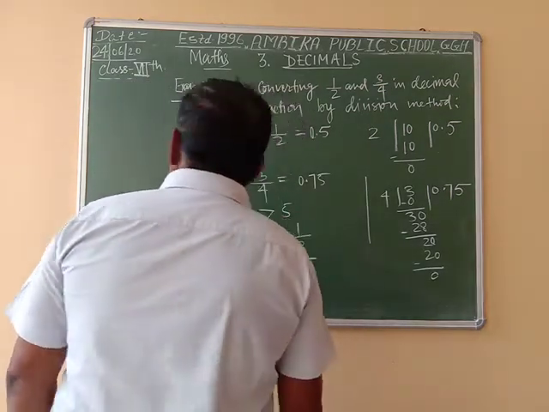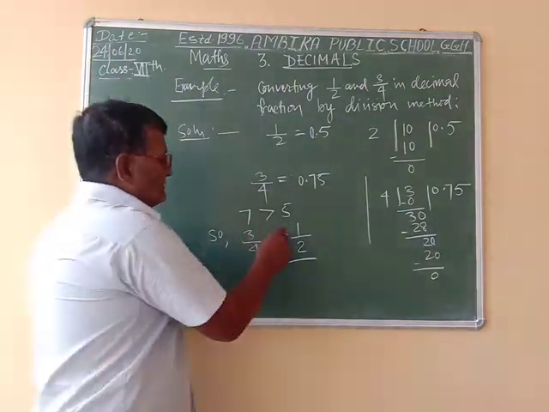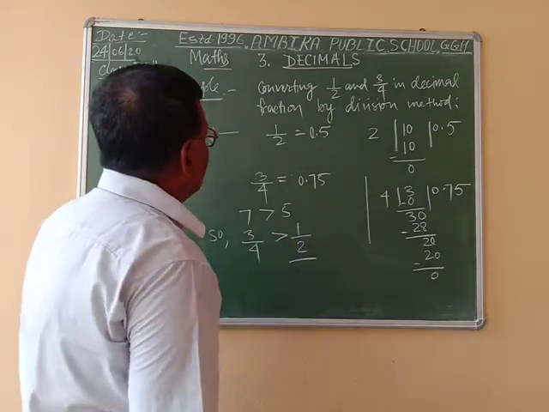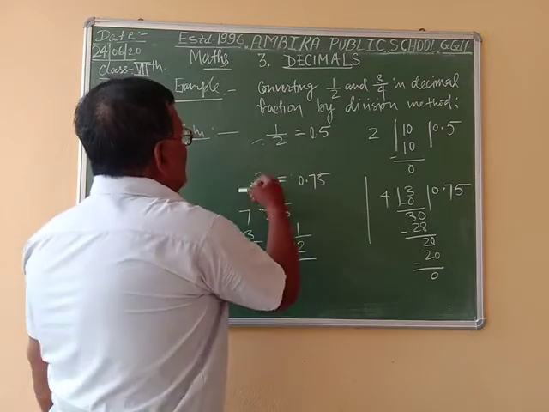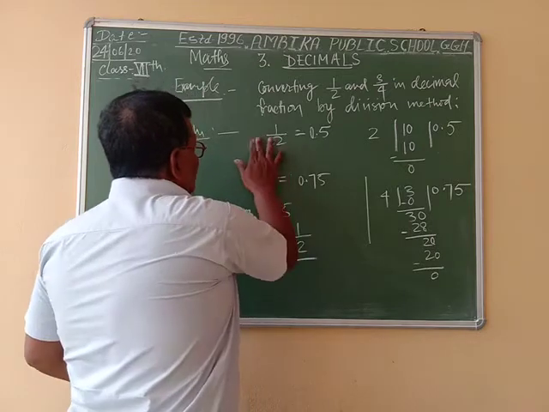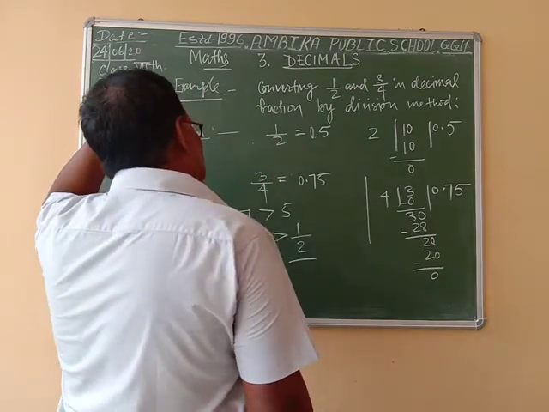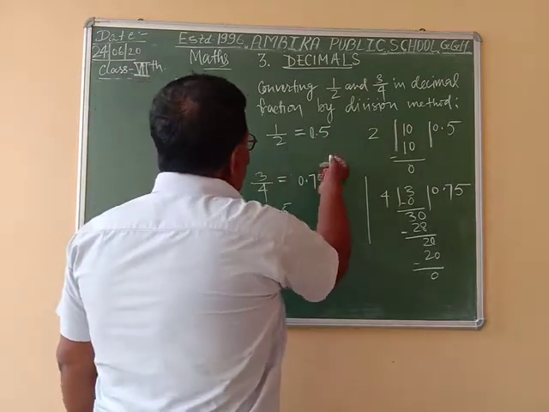In this way we can compare both fractions, which is greater or smaller. If you are given two numbers in fraction form and you have to compare which is greater, at first you divide and change into decimal form.